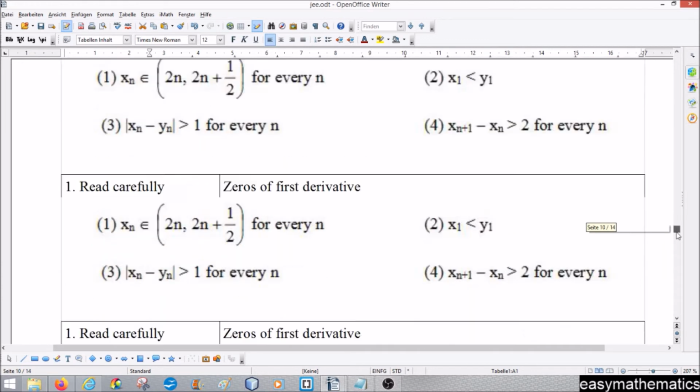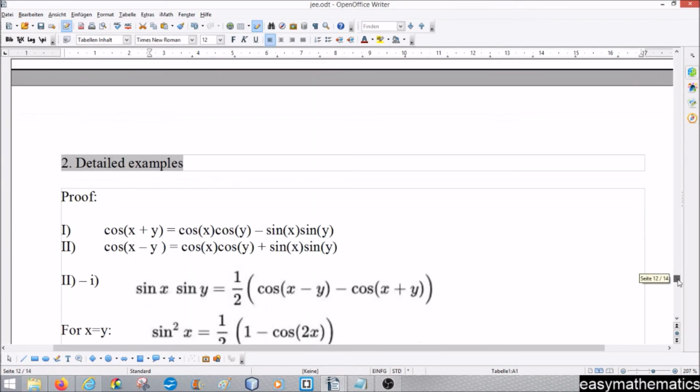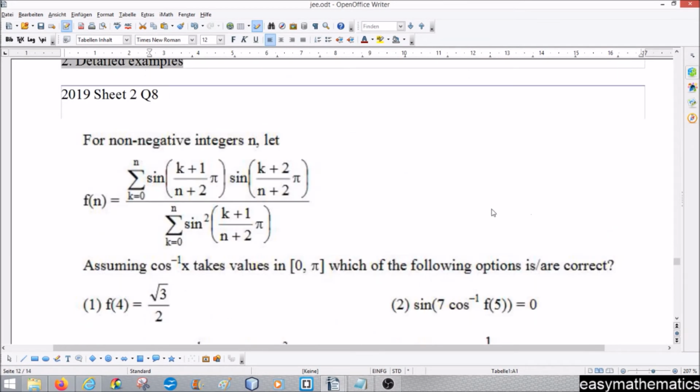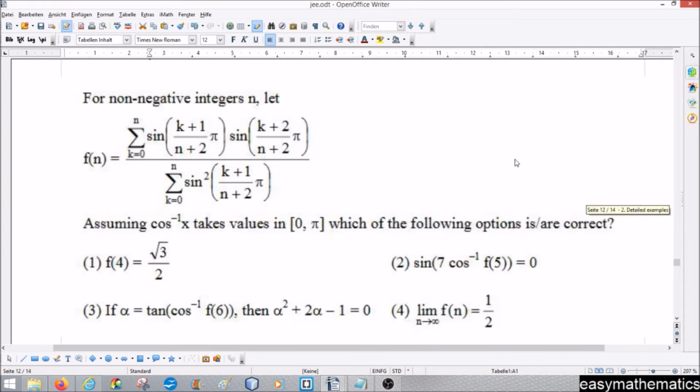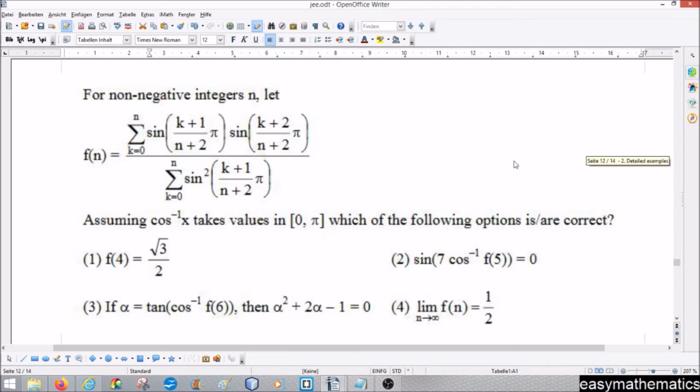Okay, so where is question 8? Here is question 8. For non-negative integers n, let f of n be the sum of a product of sines over the sum of sine squared of something.